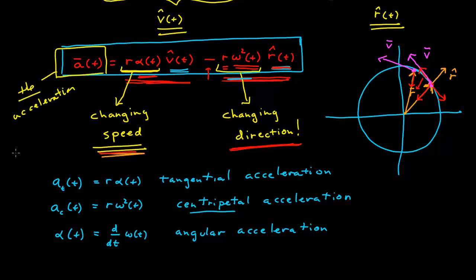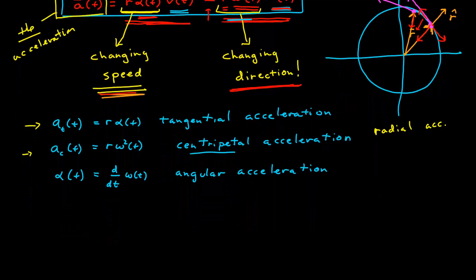And it's given by the time derivative of the velocity. I will say that centripetal acceleration is sometimes called radial acceleration, because just like the tangential acceleration always has a direction tangent to the surface, the centripetal or radial acceleration always points along the radius of the circle. Okay. And so, just in case you run into that term as well.